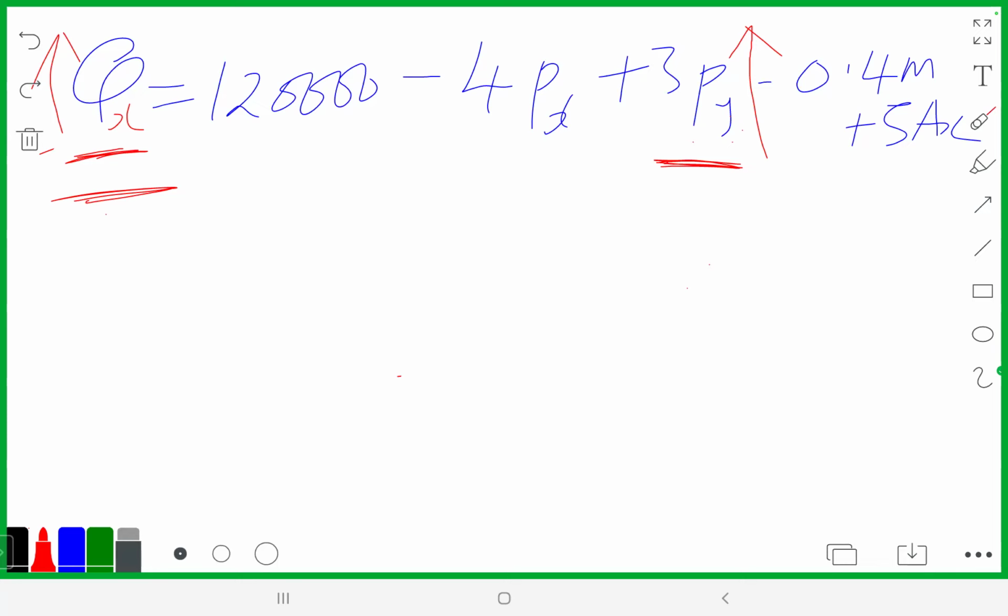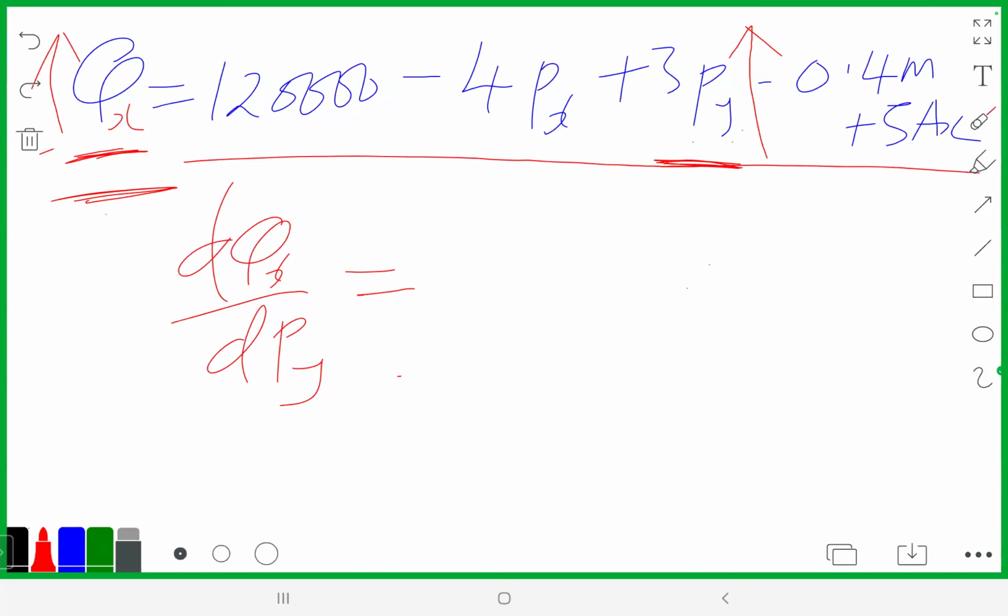So how you do this one, actually, you use calculus to do that. Do the derivative, dq being the quantity of X, d what? dpy. In short, differentiate this function with respect to py. What's the derivative?